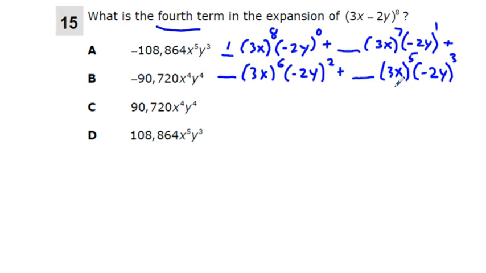And so we're going to have x to the 5th power and y to the 3rd power. So these answer choices like B and C that don't have x to the 5th power, y to the 3rd power are wrong.